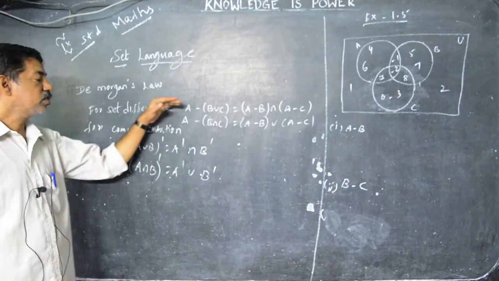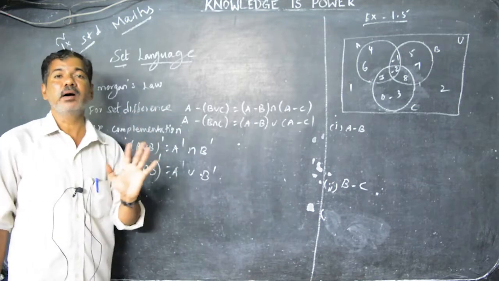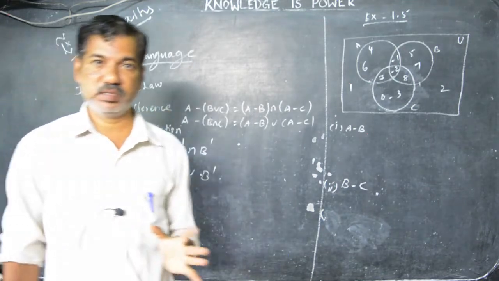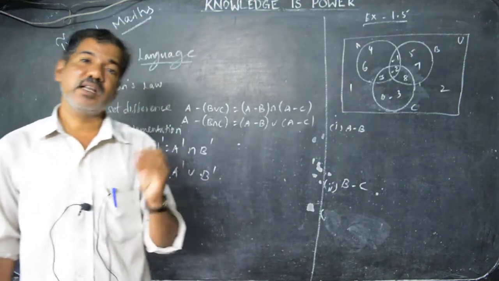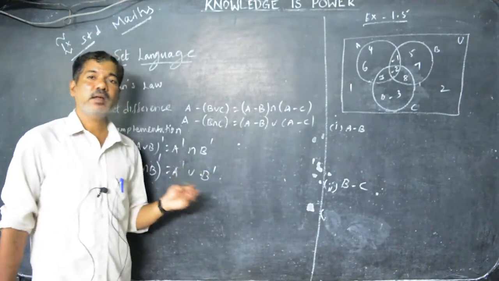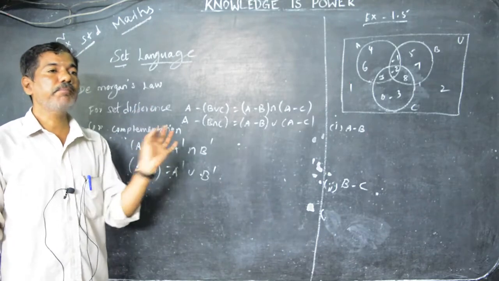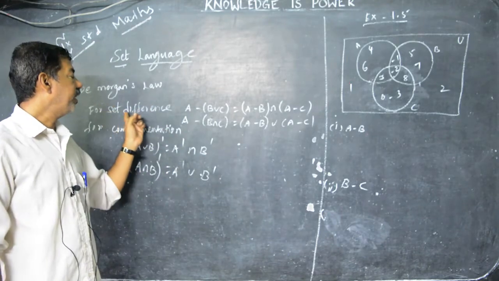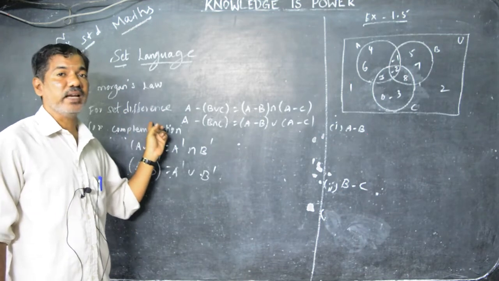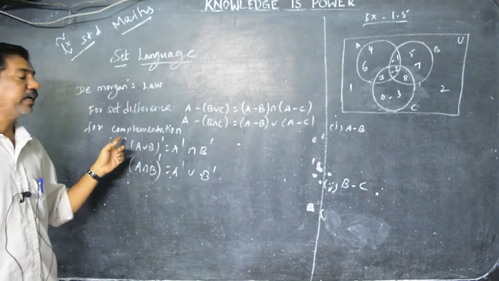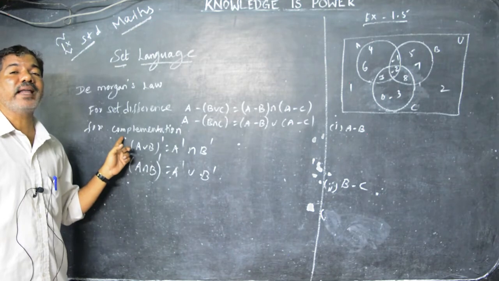So these 4 formulas you have to remember before doing these exercise sums. For certain concepts they will give the formula, and at that time there is no need to remember. Sometimes they simply say verify De Morgan's law for set difference, or verify De Morgan's law for complementation.